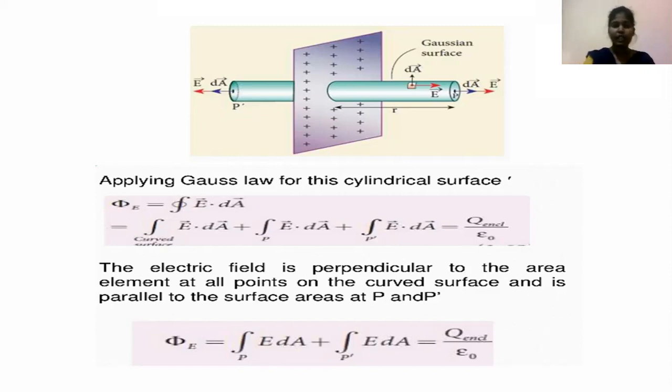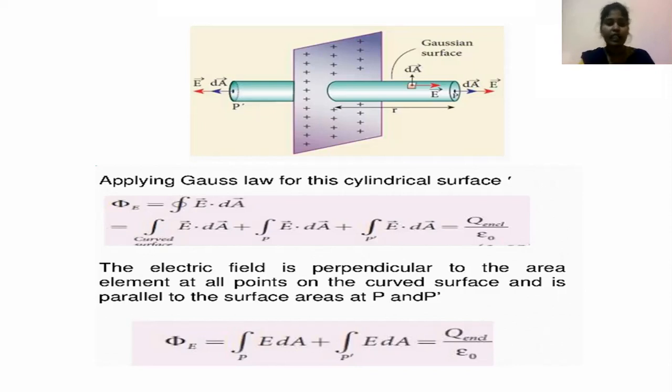Now I'm directly writing it. Phi is equal to the integral over P of E dA plus the integral over P dash of E dA. Now I have removed the dot product. Why? Because cos 0 is 1. So E dA cos 0, E dA cos 0, cos 0 is 1.